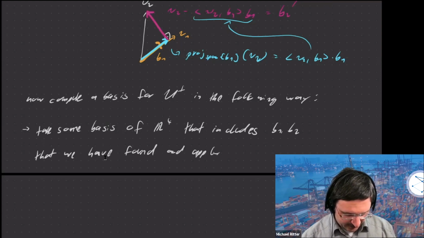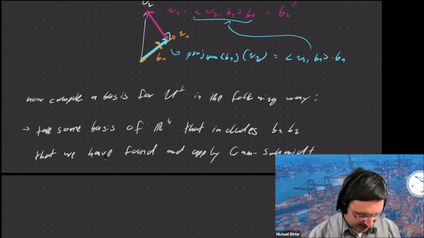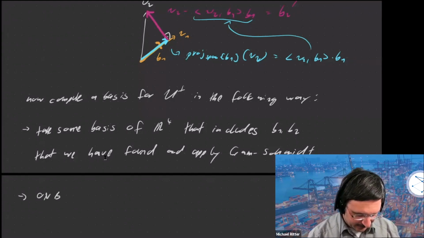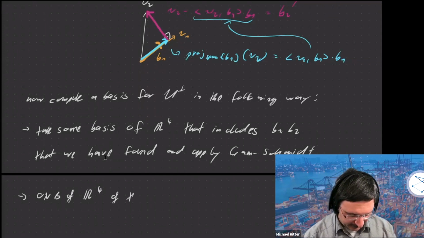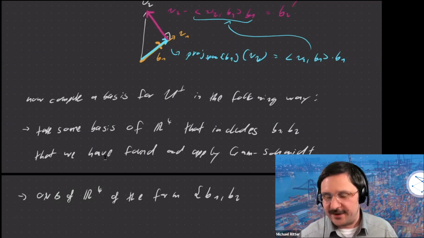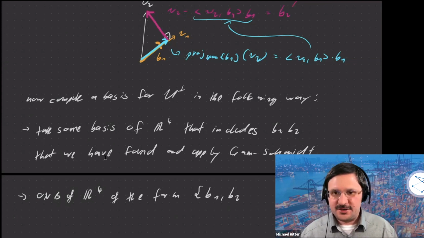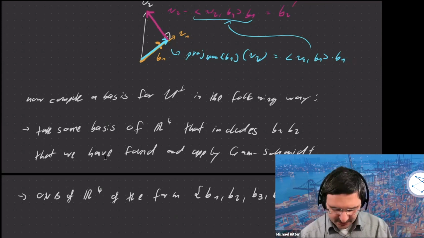And then we apply Gram-Schmidt. What we get then is an ONB of R4 of the form where we still have B1 and B2 in there, because that will be the vectors that we'll start with in our orthonormalization, so those don't change. And then we extend that by two more vectors, B3 and B4. R4 is four-dimensional, so we need two additional vectors.